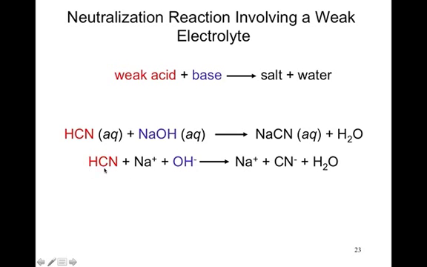So that hydrogen is going to be a little more stubborn, but still, your Na will be attracted to the cyanide, the CN. Here we've canceled our spectator ions of the sodium, and we've got HCN stuck together, OH, CN minus, H2O, and that's pretty much the end of that. We'll still get that salt and that water, but it's probably not going to happen as quickly as it would with the strong acid.